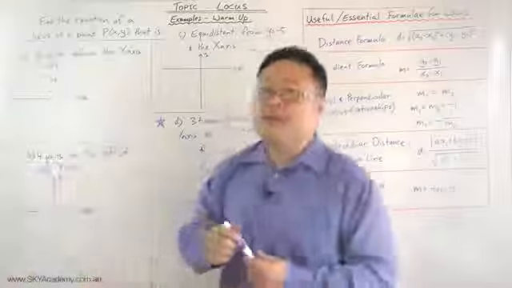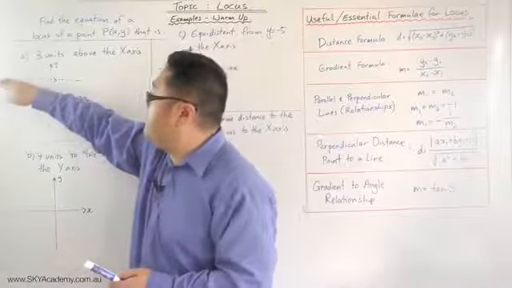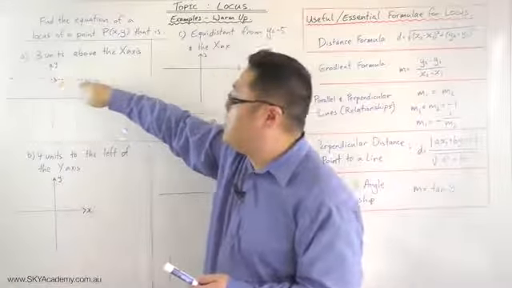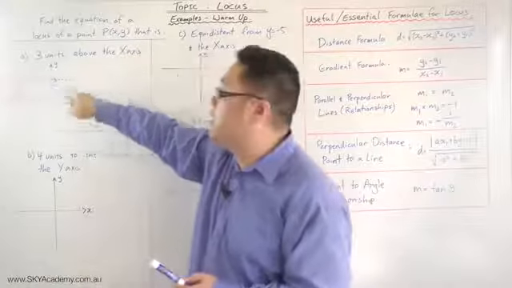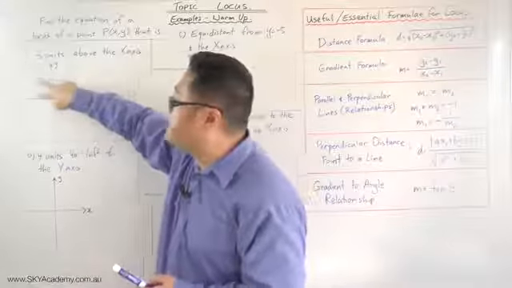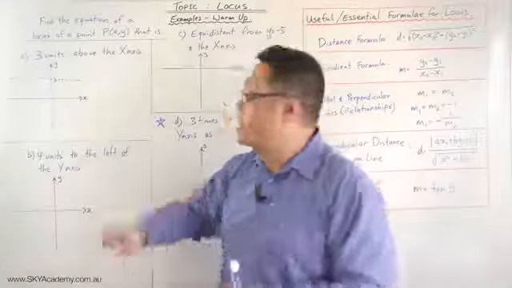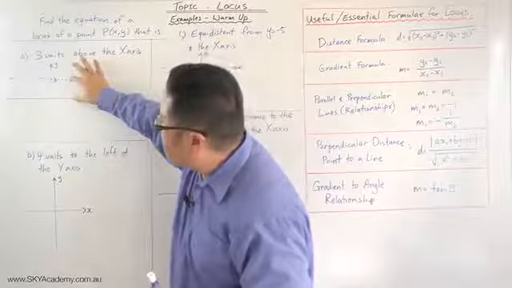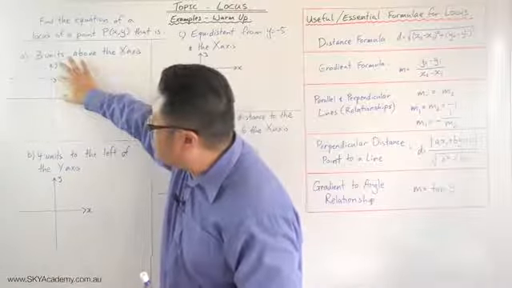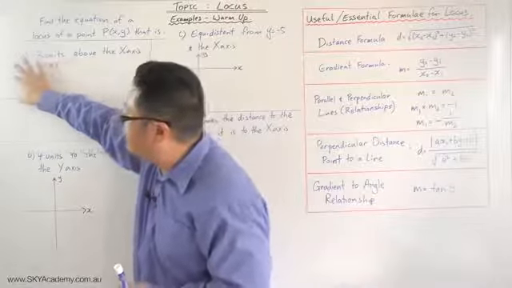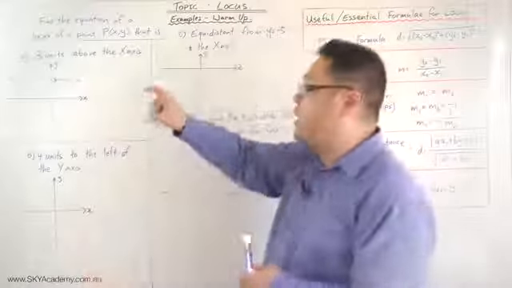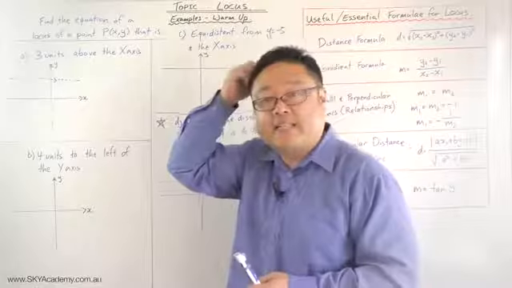Can you see that every single point on this horizontal line is going to be 3 units above the x-axis? That distance there is going to be 3, that distance there is going to be 3, that distance there is going to be 3. All of those distances are 3 units above the x-axis, yes?